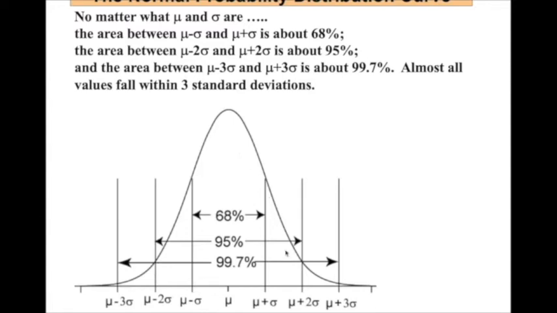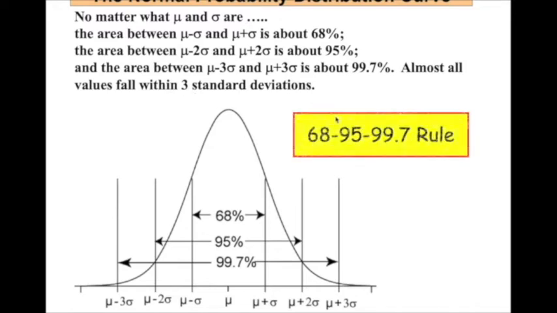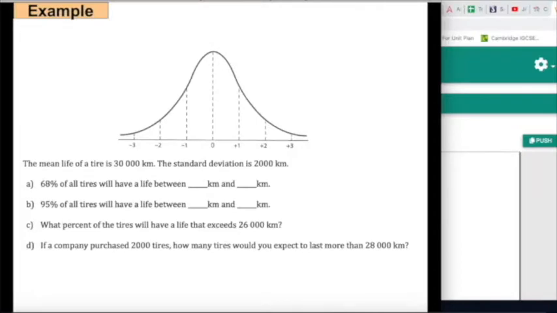And lastly, the area between mu minus 3 sigma and mu plus 3 sigma is about 99.7%. Almost all values fall within 3 standard deviations. Remember, this is also called the 68, 95, 99.7 rule.